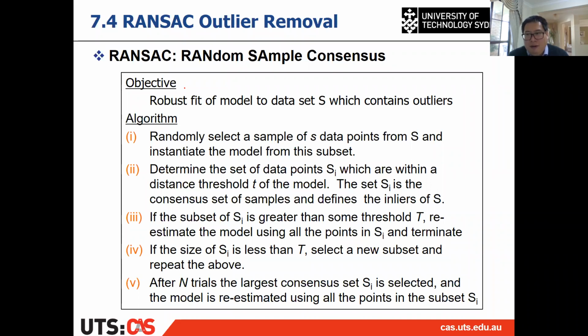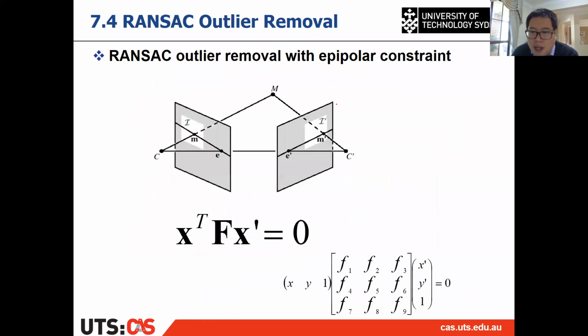RANSAC is a very famous method, and it works quite well. I didn't explain the algorithm in detail, but I explained it with an example of line fitting. The most important reason we want to apply RANSAC is to reduce the outliers in the matching of features between two images or multiple images.